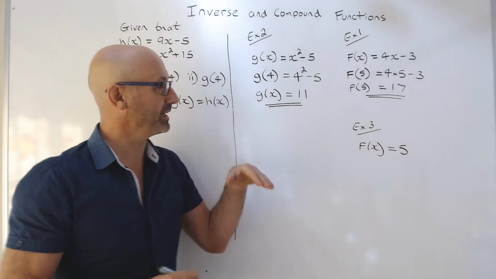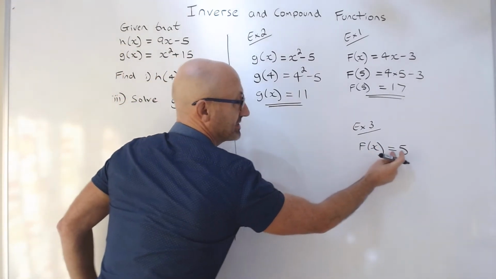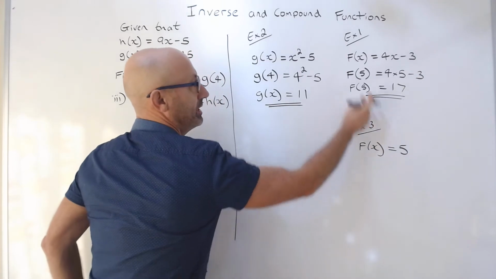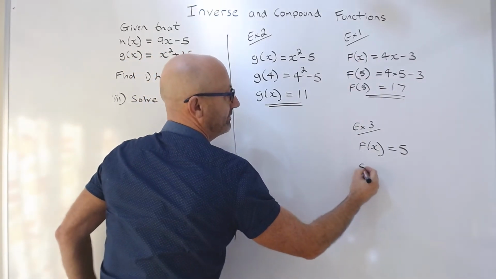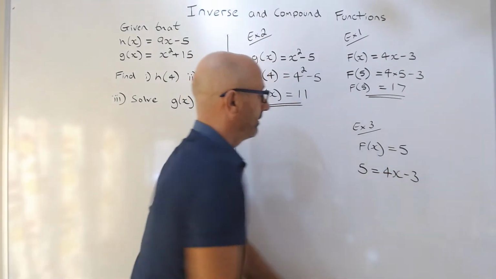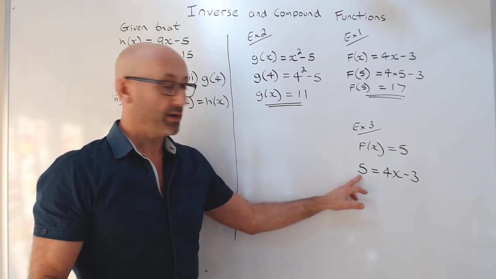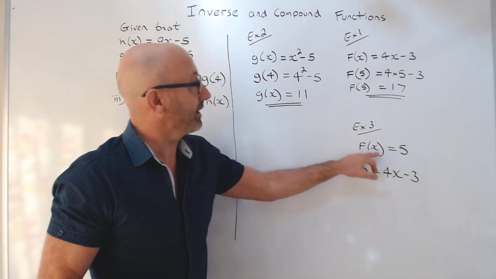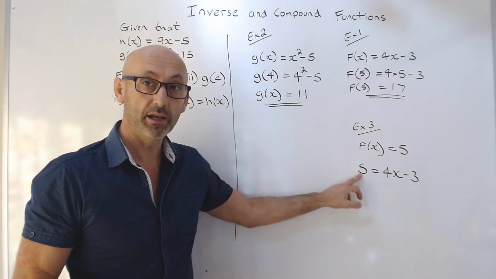Well, no, actually. The thing is, it says here f(x) equals 5. So if you replace f(x) by 5, then we've got something we can solve, haven't we? So f(x) equals 5. I've replaced the f(x) with 5, okay?